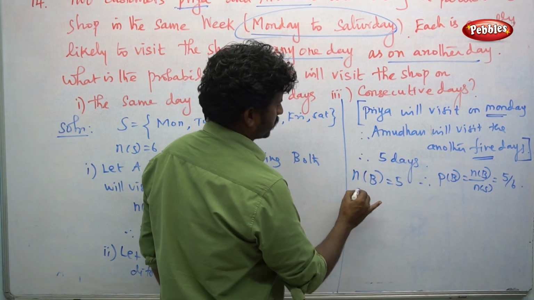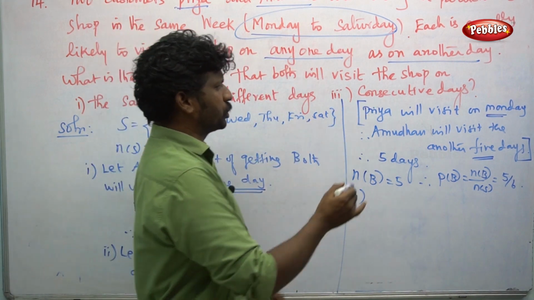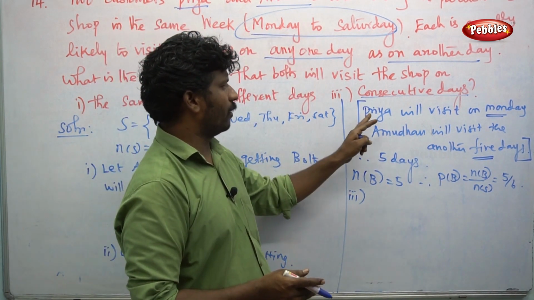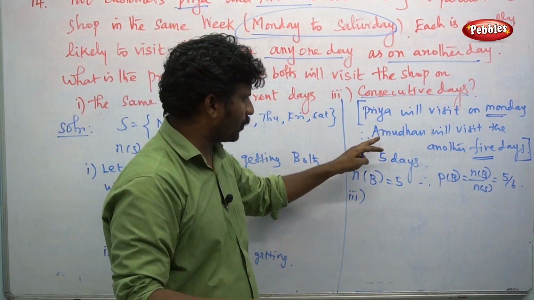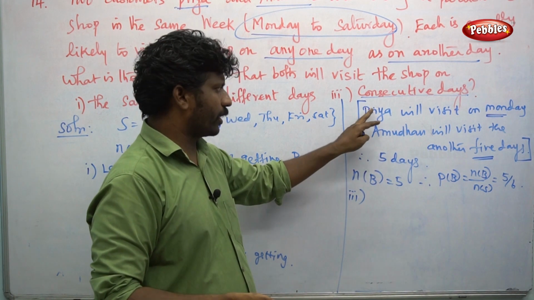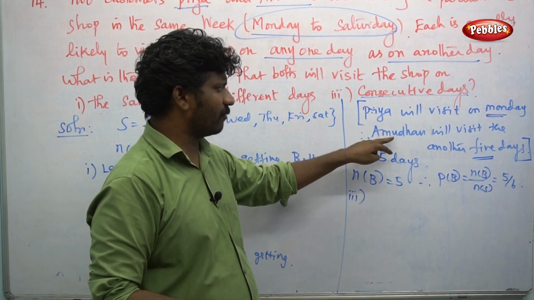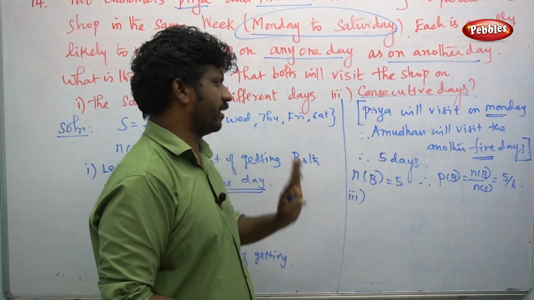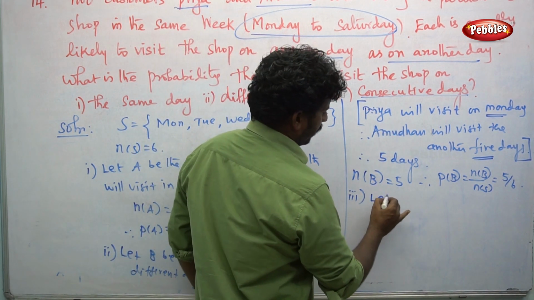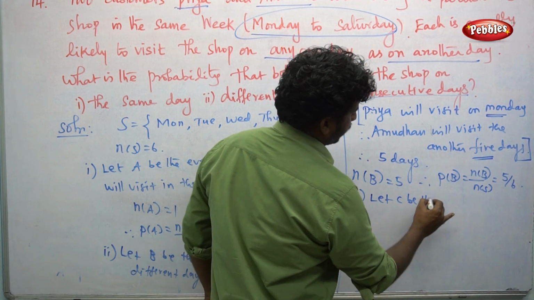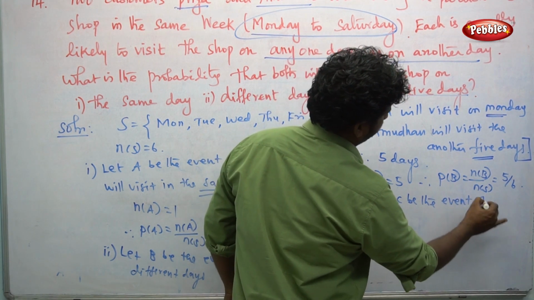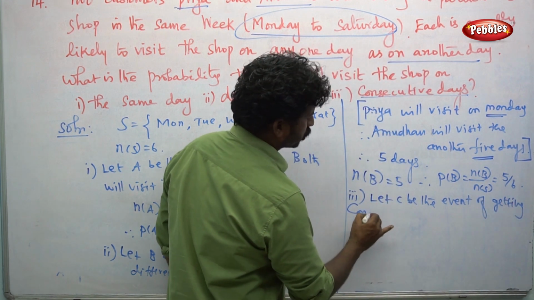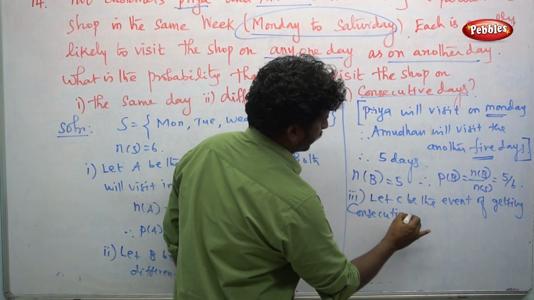Now third point பாருங்கள், consecutive days. கான்சிக்யூட்டிவ் டேஸ்னால் அடுத்தடுத்த நாள். இவங்க மண்டேனா அடுத்த பர்சன் டியூஸ்டே வருவார். இவங்க டியூஸ்டேனா வெட்னஸ்டே, வெட்னஸ்டேனா தேர்ஸ்டே, தேர்ஸ்டேனா ஃப்ரைடே, ஃப்ரைடேனா சாட்டர்டே. அது எப்படி எழுதுறோம் பாருங்கள். Let C be the event of getting the consecutive days, right?